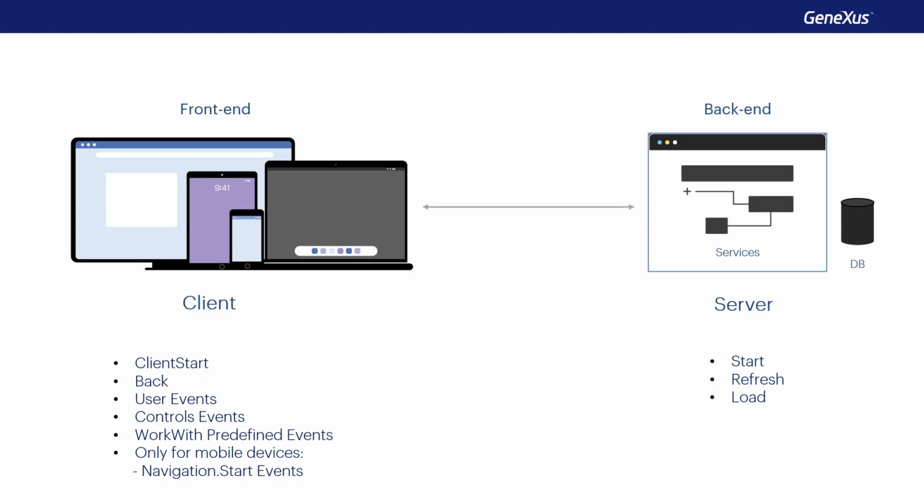This is in order to make additions, modifications, deletions, data navigation, filters, and so on in an analogous way to the work with pattern we use when working with web panels. When the panel objects are used to generate an application for mobile devices, we will have the events associated with the information navigation styles, which depend on, for example, the type of device and its orientation when the application is started.